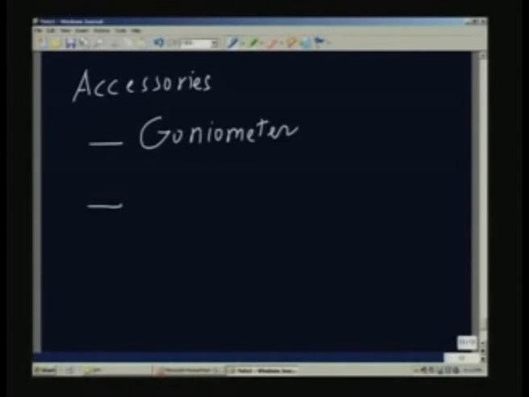Or we can also use one simple gadget which is called the integrating sphere. So, these accessories by themselves are not useful, they have to be used along with the rest of the things I talked about.